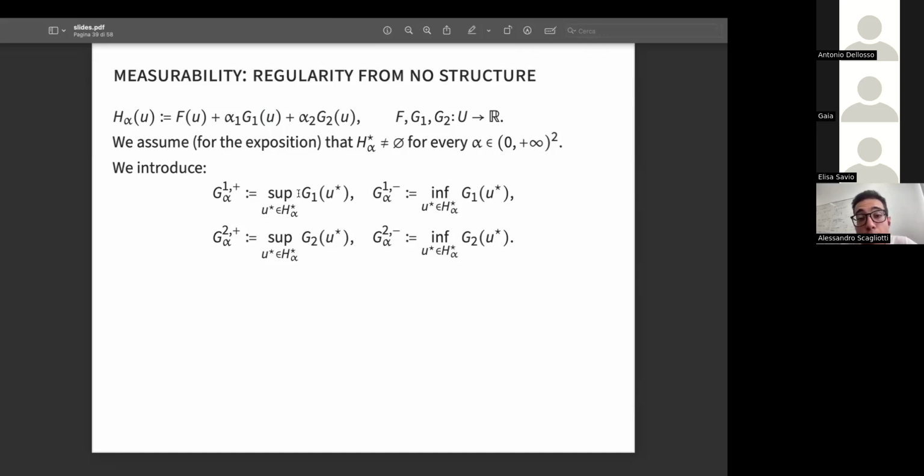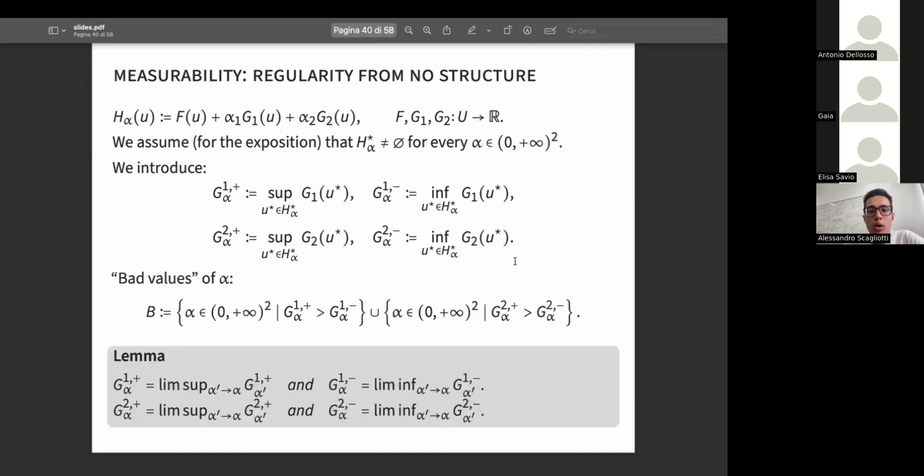That is computing the supremum of G1 over all the possible minimizers of H alpha. So G1 minus is computing the infimum of G1 over the minimizers of H alpha, and similarly G2 plus and G2 minus computed at alpha.